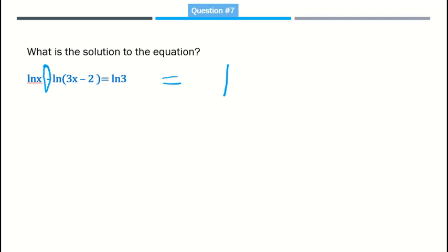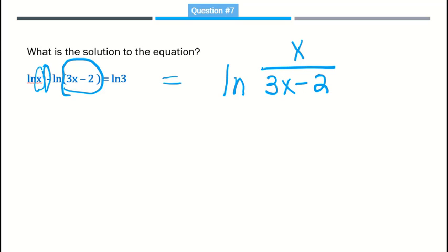So we're going to rewrite this as ln of, let's look at what we have in that first one, x divided by, and in the second one we have 3x minus 2. And on the right we have ln 3, or natural log of 3, however you want to say that.